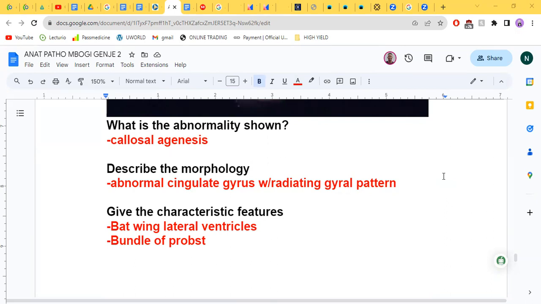Now you have abnormal cingulate gyrus with radiating gyral pattern. That's the morphology. So the abnormality is callosal agenesis. The important characteristic being bat-wing lateral ventricles.